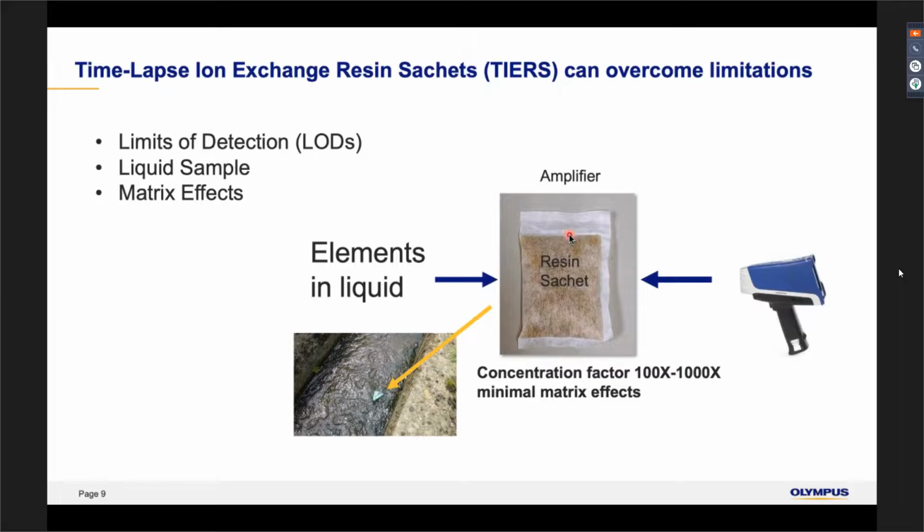After 5 or 7 days in water, the heavy metal concentration in TIRS is about 100 to 1,000 times that in water. So TIRS is like a concentrator, which can accumulate heavy metals from water onto a homogeneous resin and become easy to analyze. In this way, it makes wastewater analysis possible by using portable XRF.